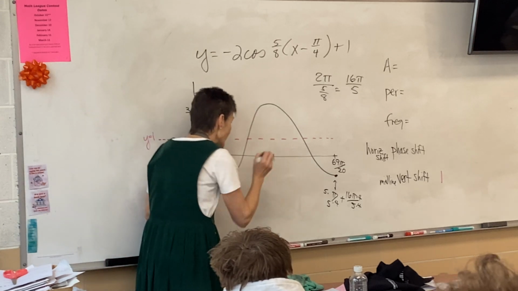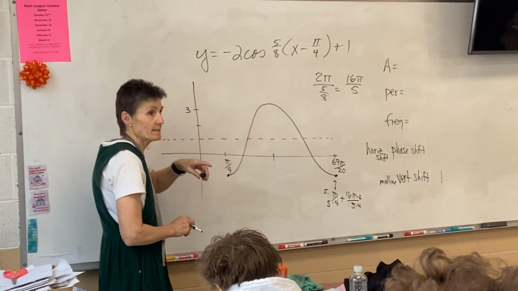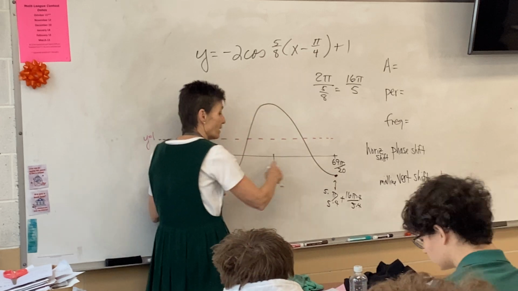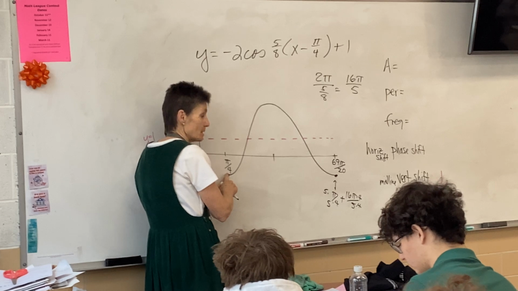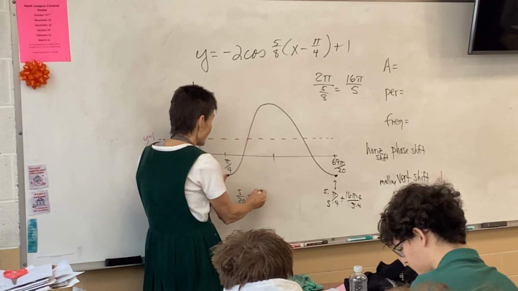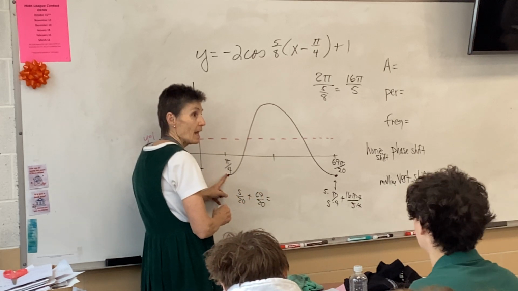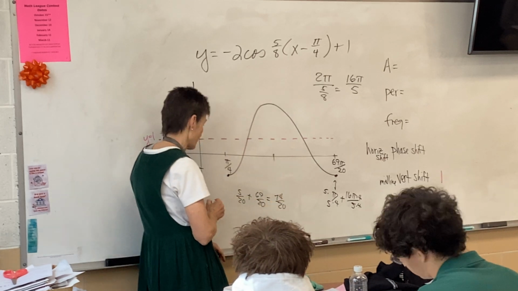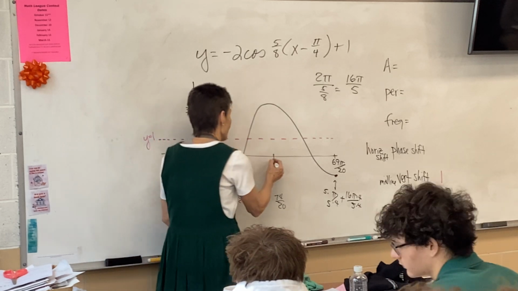Now, right here in the middle, the peak, is going to be what? The average or the midpoint of these two. Would you agree with that? So this is 5/20, and that's 69/20. Added makes 74/20, and half of that, 37/20.